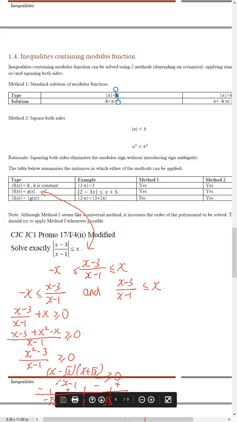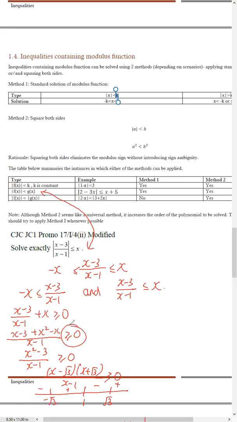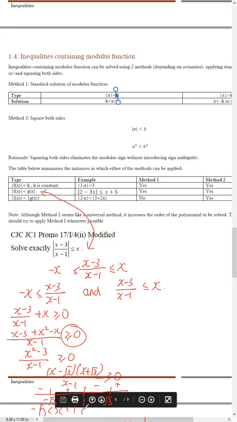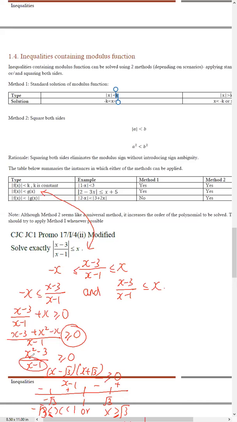Since we only want the positive region, x will be between minus root 3 and 1, or x must be more than root 3. But take note, because there's an equal sign, we have to follow the equal sign. Which ones can follow the equal sign? The root 3's can follow the equal sign, because the 1 is in the denominator, so it cannot have the equal sign. So x between minus root 3 and 1, or x more than or equal to root 3.